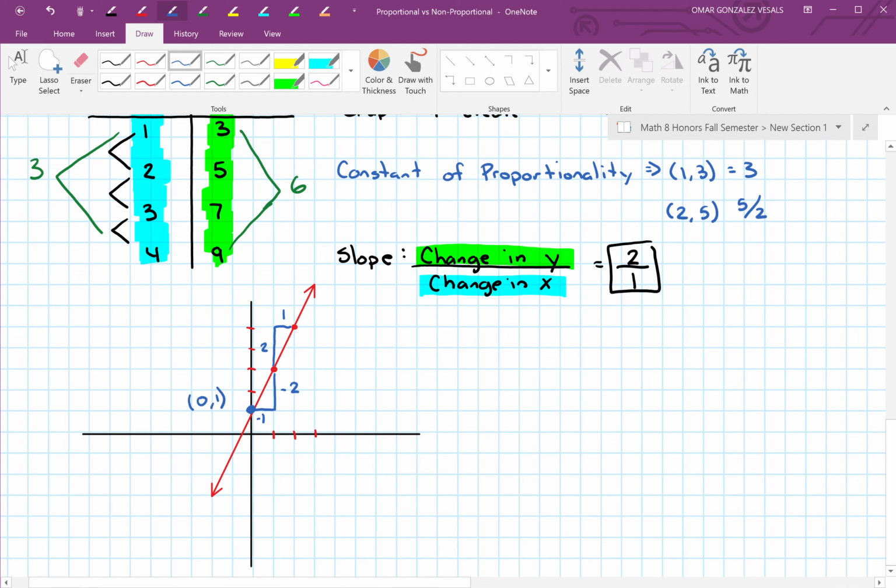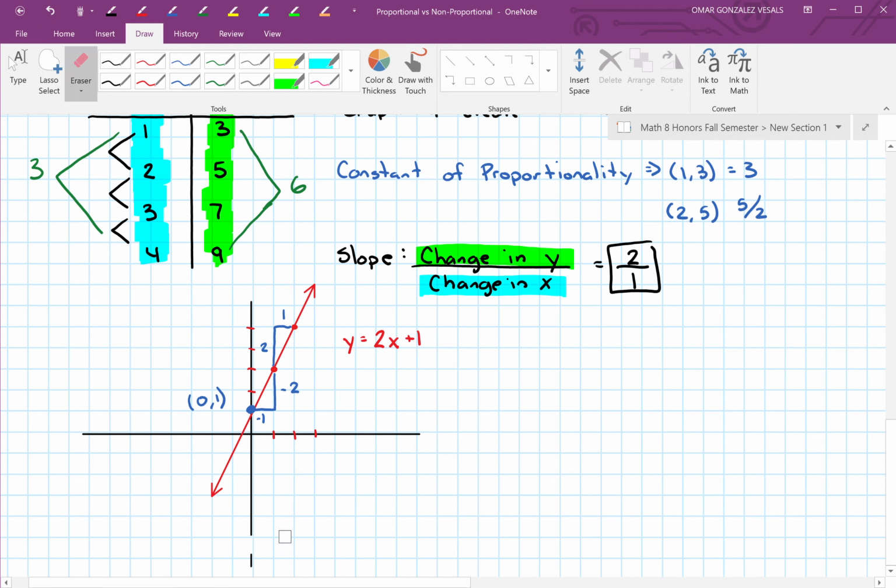So I can find my coordinate that way, my y-intercept that way. So you can do it that way, and then you're done with your graph, right? You're done with your equation. Your equation would be y equals what? What's my slope? 2. So 2x, and then my y-intercept is what? Plus 1.